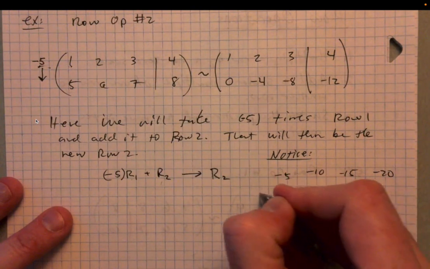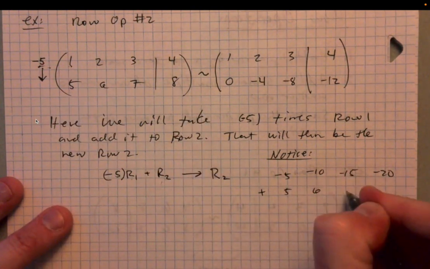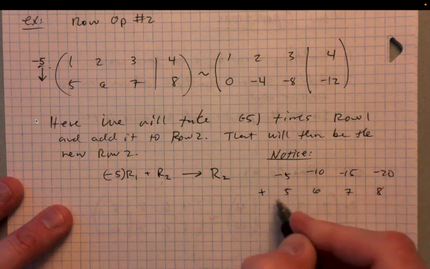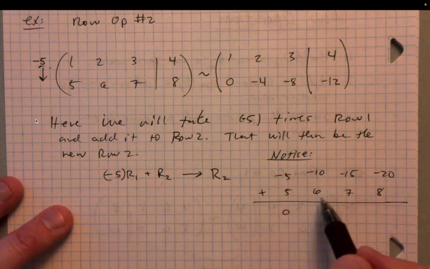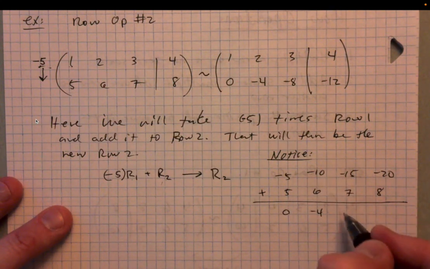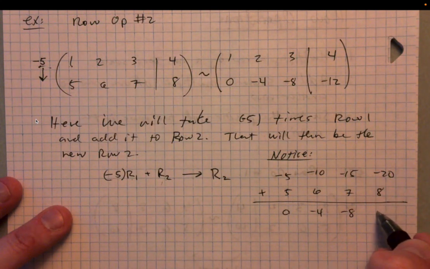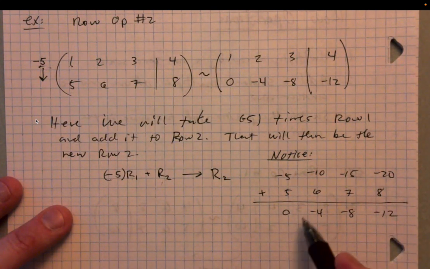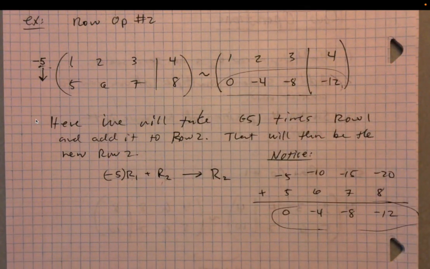Then I add to that row 2: 5, 6, 7, 8. When I do that, I get -5 plus 5 is 0, -10 plus 6 is -4, -15 plus 7 is -8, and -20 plus 8 is -12. You can see these are what I loaded in for row 2. And that's row operation type number 2.